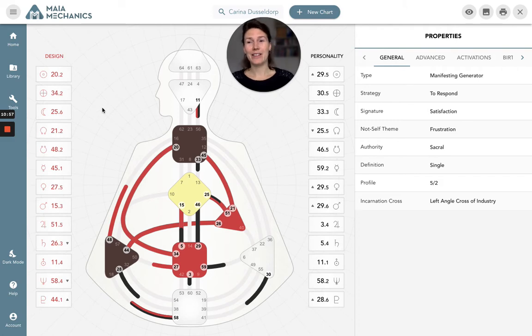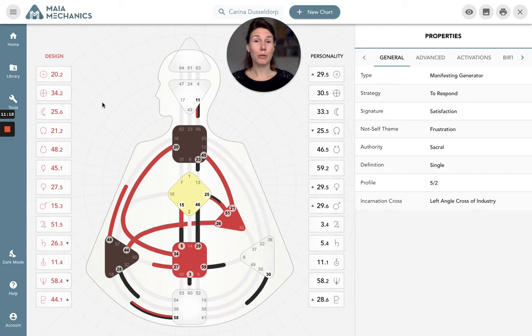And then on the design side, the red side, it's unconscious. So it's something that you're not aware of, that you don't have conscious access to. That's why I mentioned the access part.